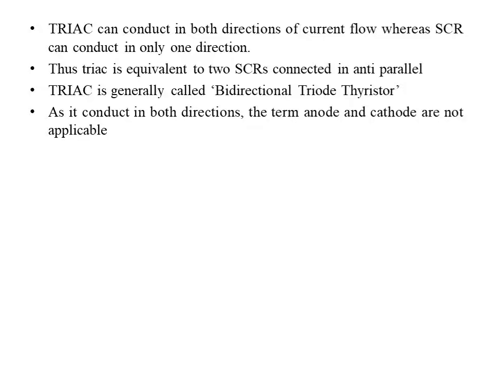As the triac conducts in both directions, the terms anode and cathode are not applicable. In SCR, we have two terminals, anode and cathode. But since triac conducts in both directions, we cannot use the terms anode and cathode respectively.